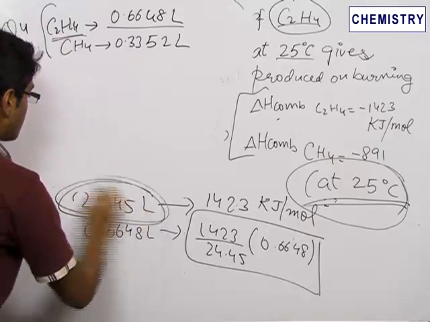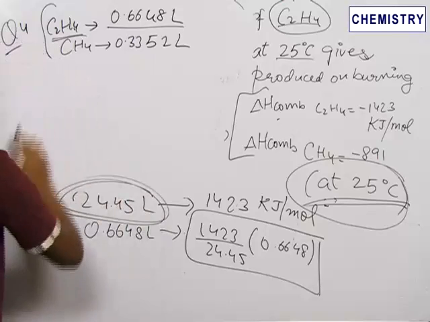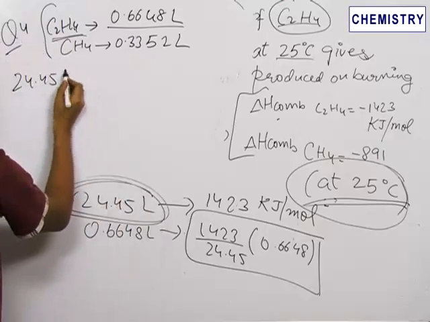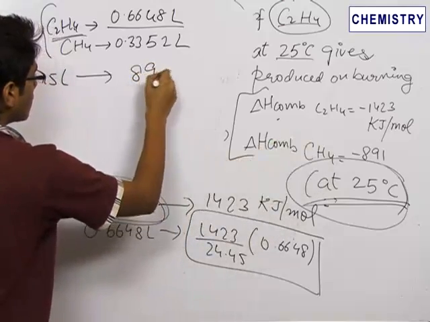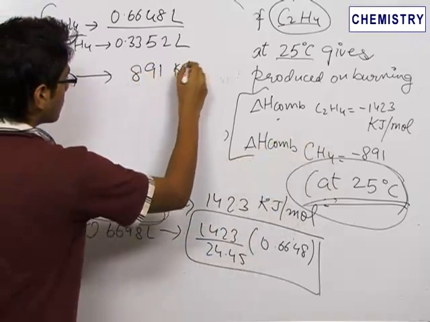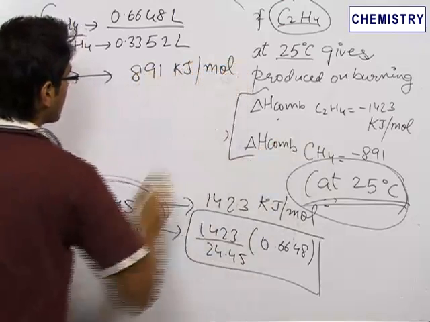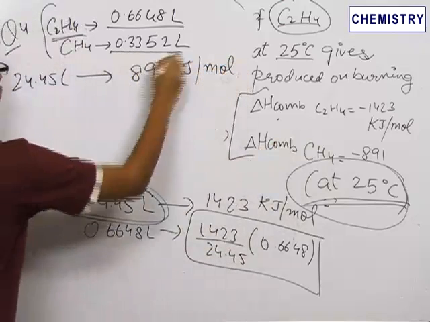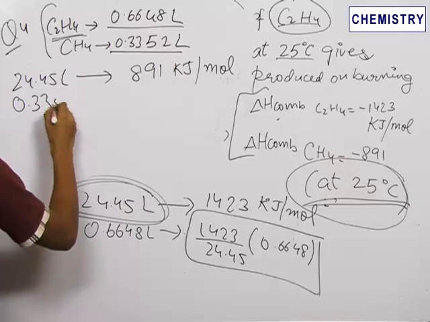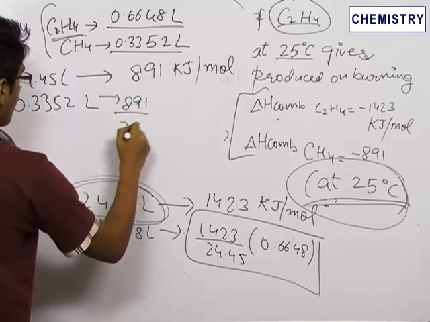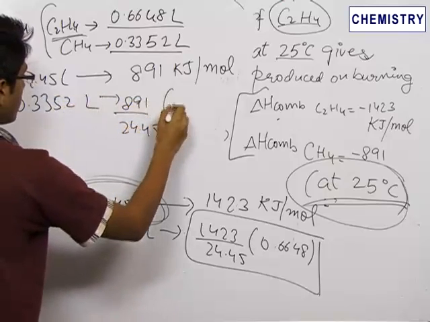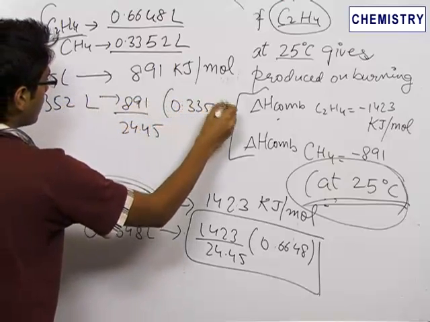This will be the volume of CH4 as well. 24.45 liters of CH4 produces 891 kilojoules per mole of heat at 25 degrees centigrade. So 0.3352 liters will produce 891 upon 24.45 into 0.3352 kilojoules of heat.